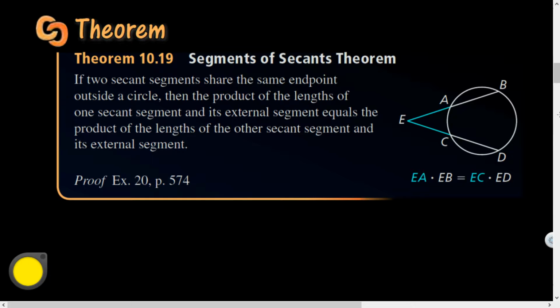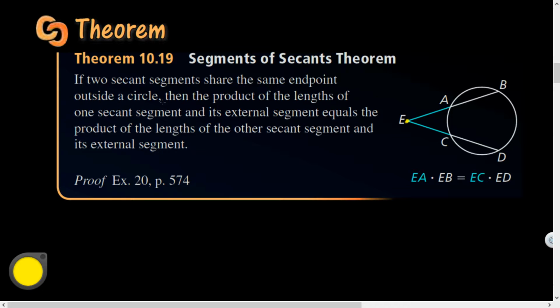Segments of secants theorem. If two secant segments share the same endpoint outside a circle, then the product of the lengths of one secant segment and its external segment equals the product of the lengths of the other secant segment and its external segment.